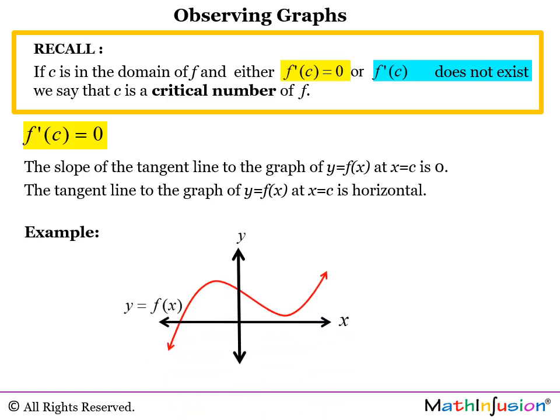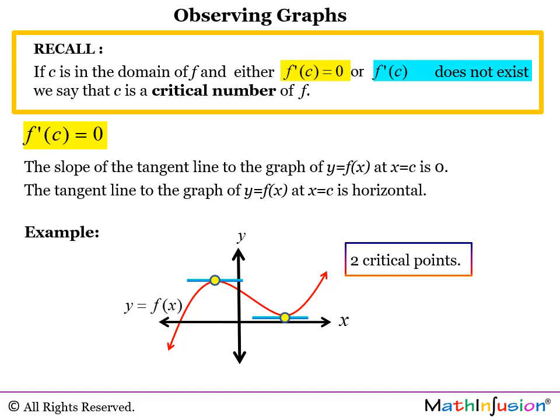Example. If you observe the graph of this function, it has 2 points for which the tangent line is horizontal. Here is one, so this is a critical point, and here's another critical point. So we have 2 critical points for this specific function.